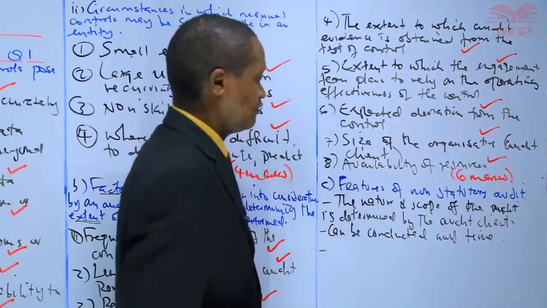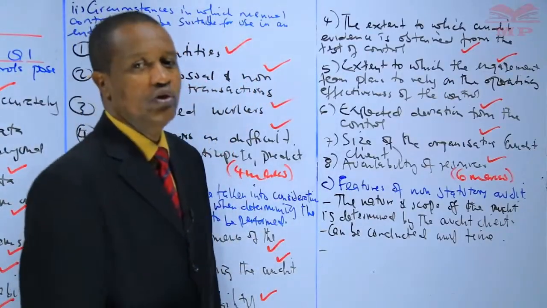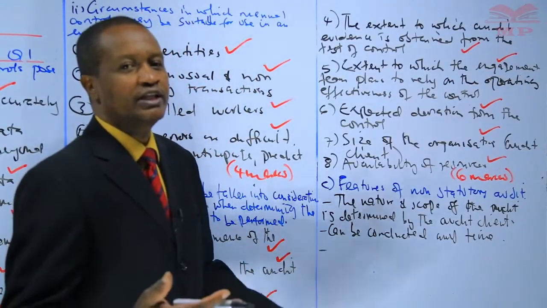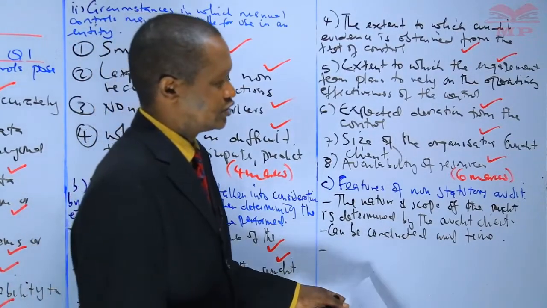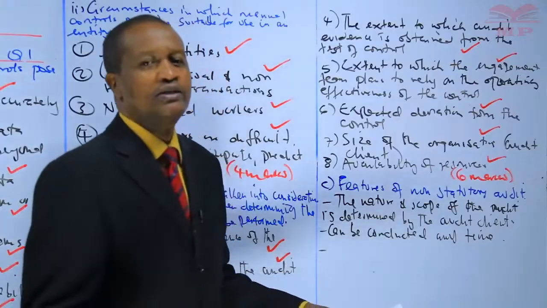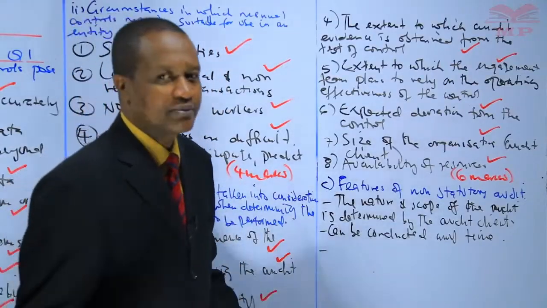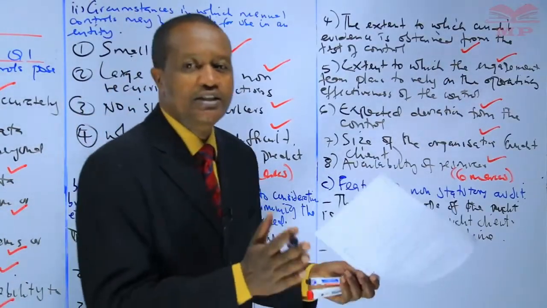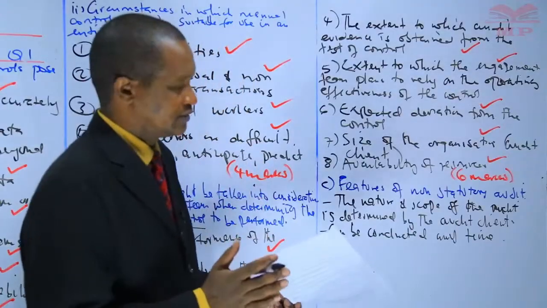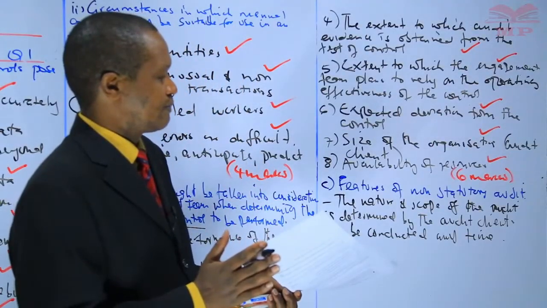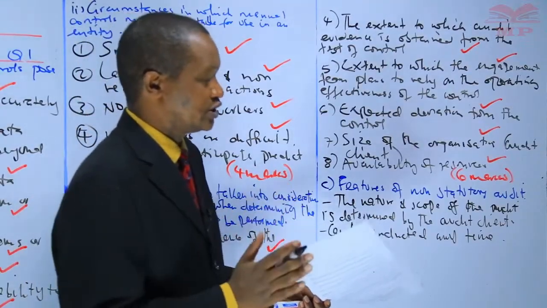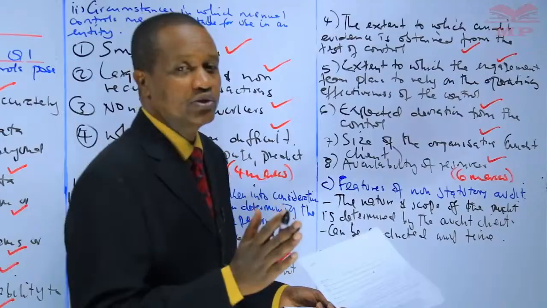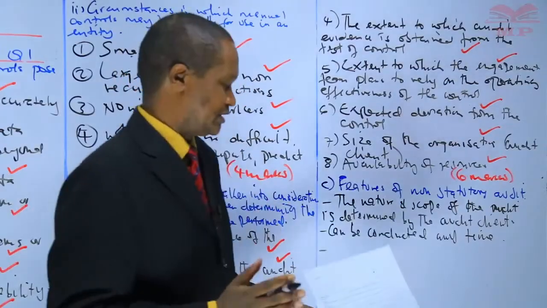Another feature of non-statutory audit is that the auditor is required to conduct his examination within limits determined by the client. I repeat, the auditor is required in a non-statutory audit to carry out his examination within the limits.